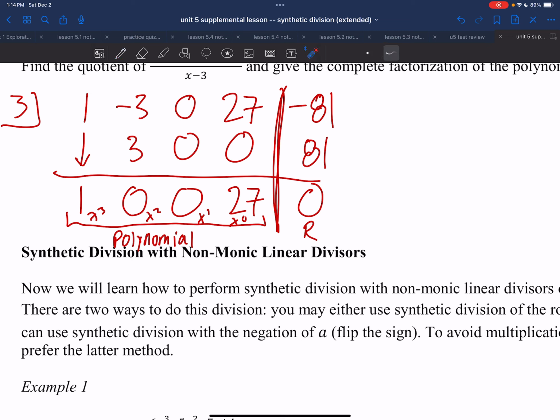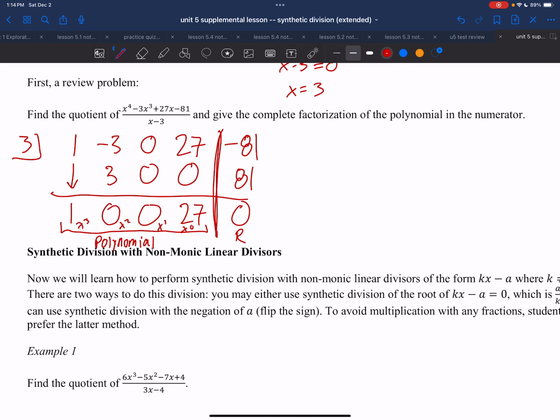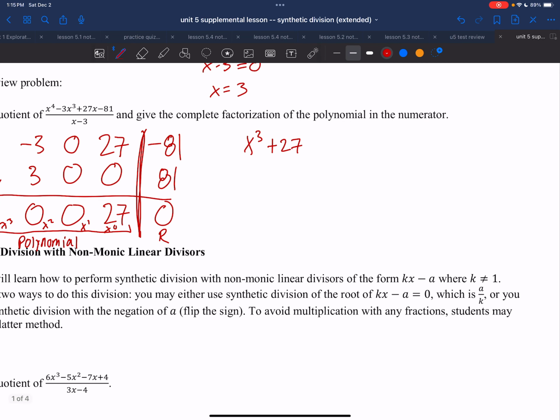And you just go from right to left, starting at the degree of 0 and then increasing by 1 every time, right? And so I see, okay, I have nothing left over. And so I have 1x cubed plus 27. And notice it says give the complete factorization of the polynomial. And so if you remember, this is x cubed plus 27.